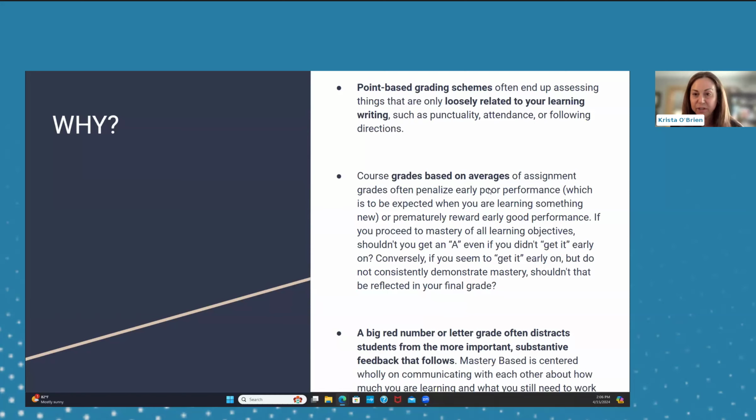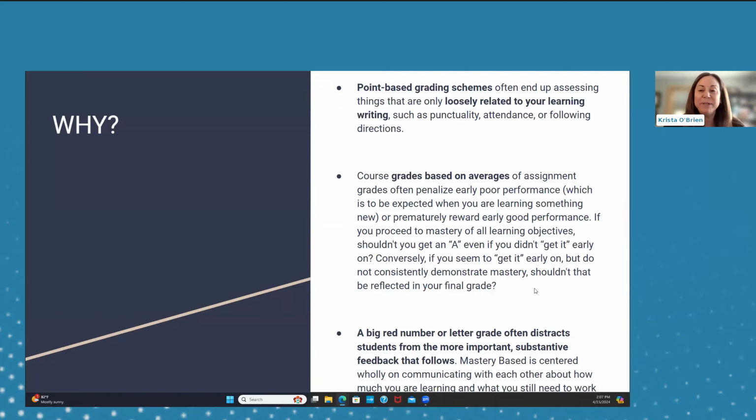Maybe they didn't start off very strong, but then at the end of the semester, they started to pick it up. But again, they lost those points at the beginning, and they couldn't get to that grade that they wanted. So there was a lot of that going on. So I felt like the grades at the end of the semester really didn't reflect who the student truly was.